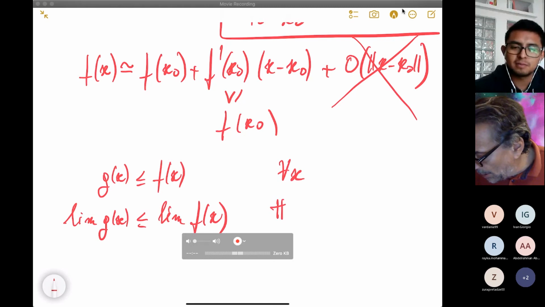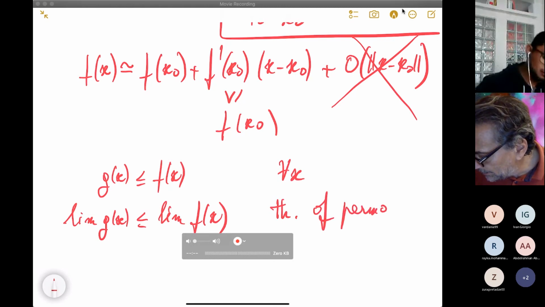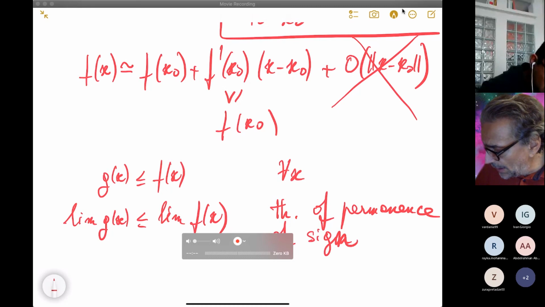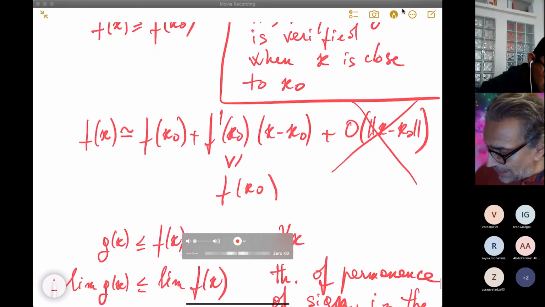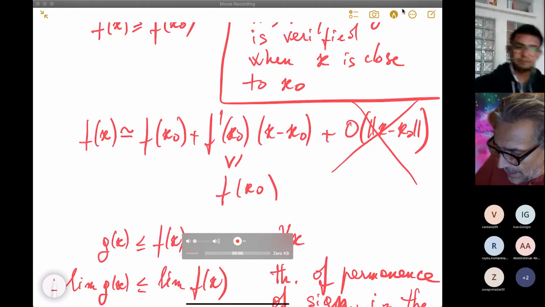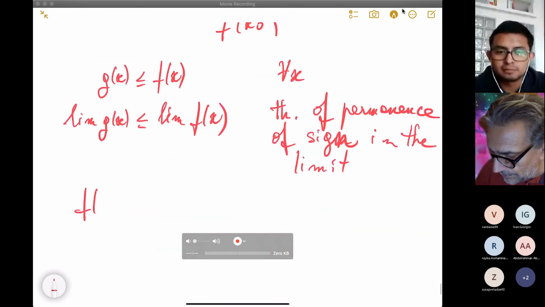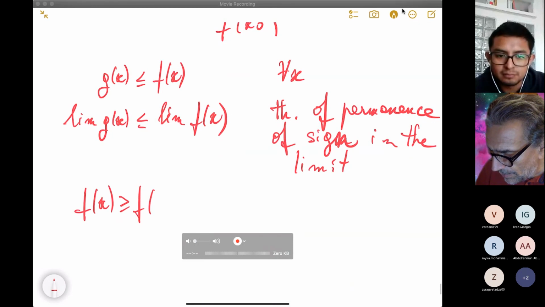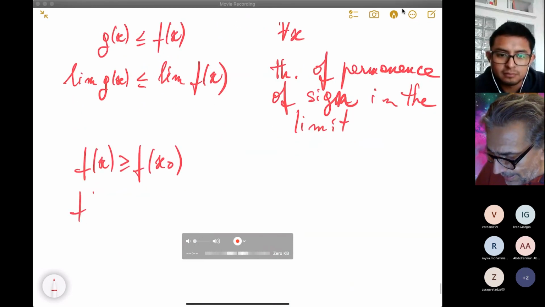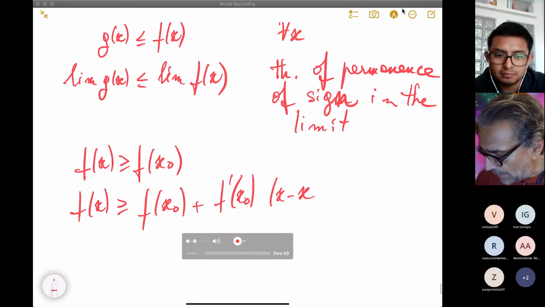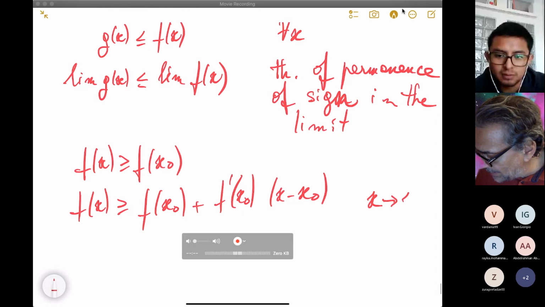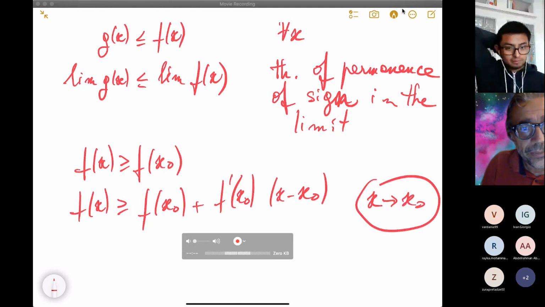So if you say that this inequality is verified, then you know that this inequality is verified when x is tending to x0.